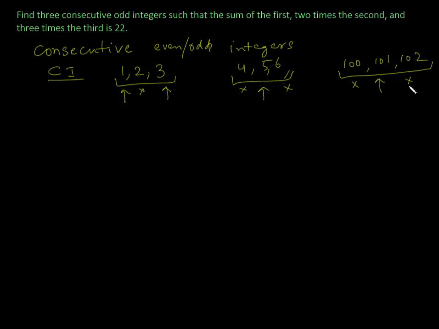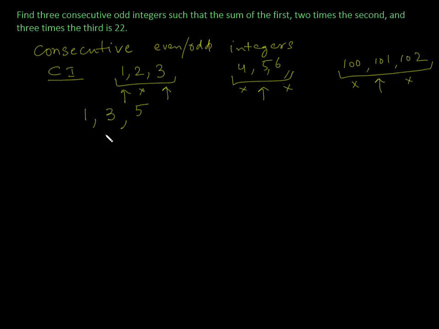So if we just list numbers in sequence, we will never end up with 3 odd numbers or 3 even numbers in a row. So what do we do? We skip count, right? If we skip count from 1, 3, and 5, now they are consecutive because they come one after another.